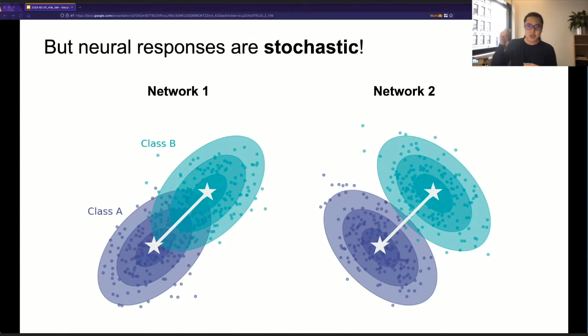And every time I show the dark blue stimulus, it elicits a different response. However, there is some conditional mean and conditional covariance about that mean. So notice here that in network 1 and 2, the white stars are the same. That is to say the conditional means are the same in both networks, but the shape of the conditional distributions, the ellipses here, are very different.